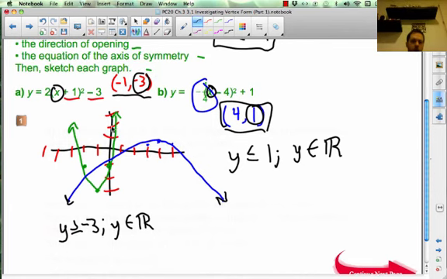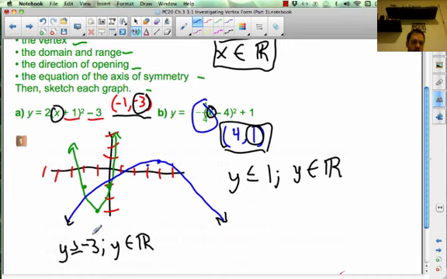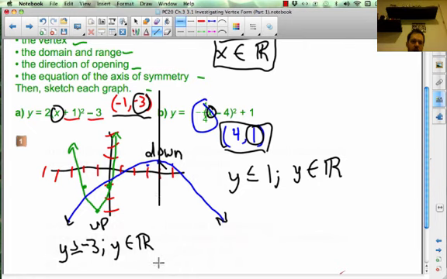The direction of opening for the first one, pretty tricky. Up for the second one, down. The equation of the axis of symmetry. The axis of symmetry is always going to be the x value of the vertex, because we always have symmetry left and right of the vertex.